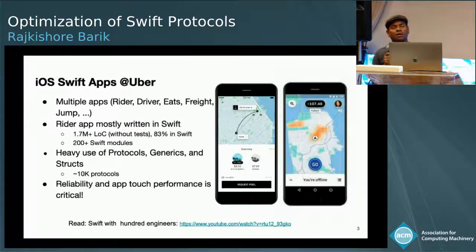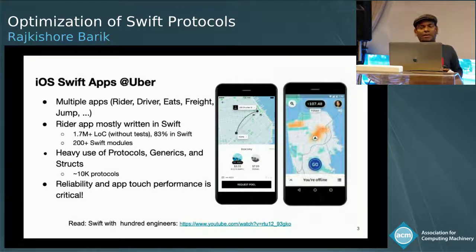It has around 200 modules, and each module has some piece of functionality embedded in it. This code heavily uses protocols, generics, and structs. In fact, we use close to 10,000 protocols.